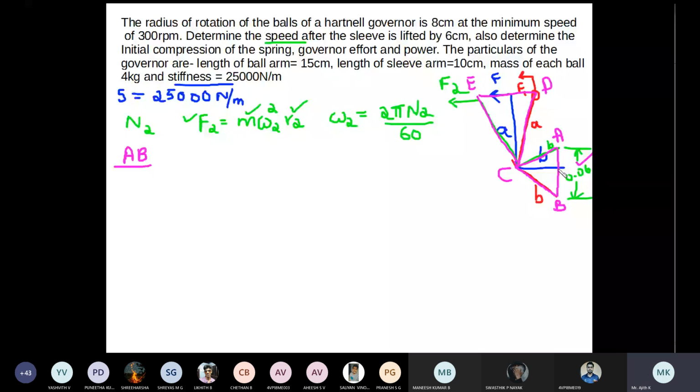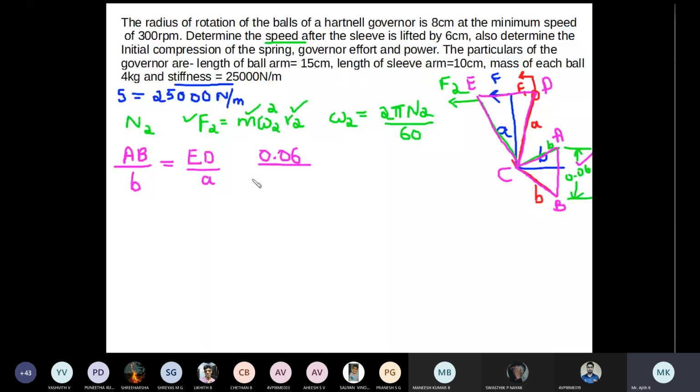So AB divided by small letter b is equal to ED divided by small letter a. This is by the similar triangle principle. The value of AB is given in the question, 0.06, the sleeve lift, and the value of b is 0.1 meter.